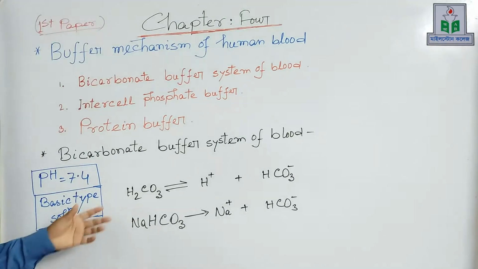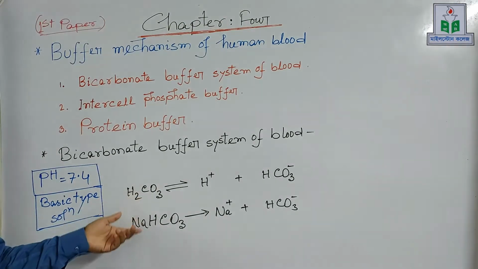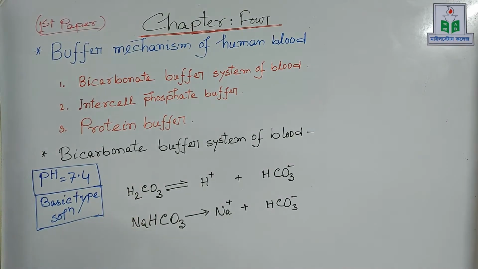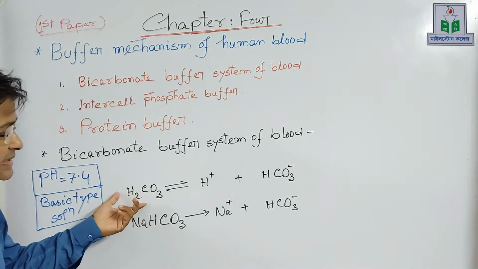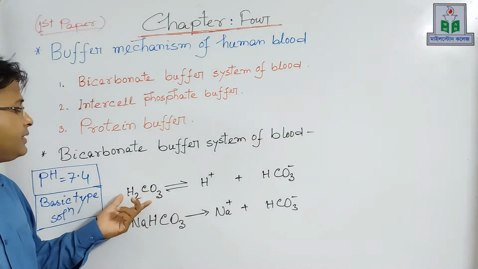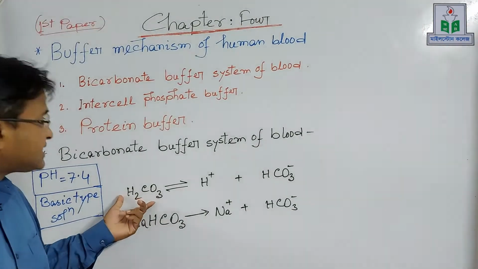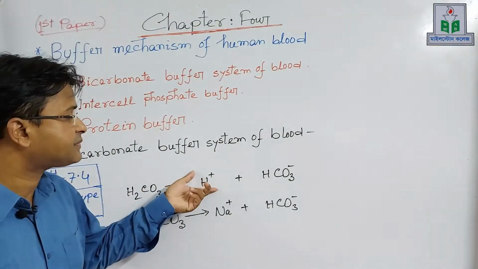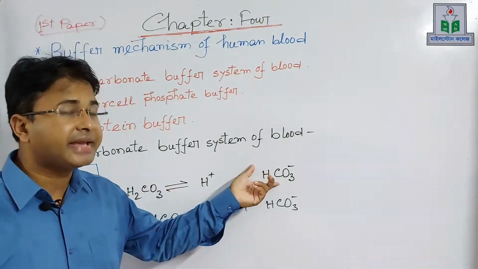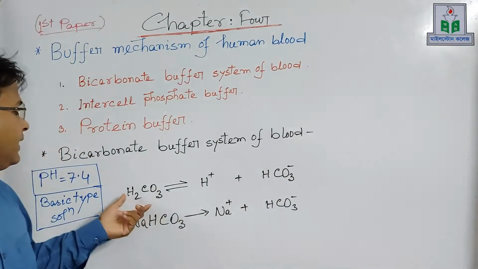In the blood, carbonic acid and sodium bicarbonate are present. Carbonic acid is a weak acid. Carbonic acid partially ionizes to produce H plus ion and bicarbonate ion.